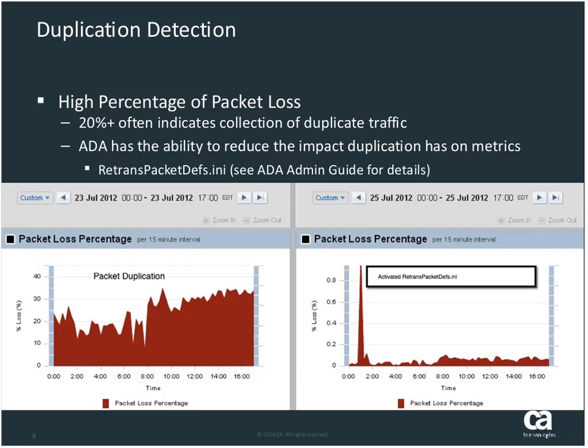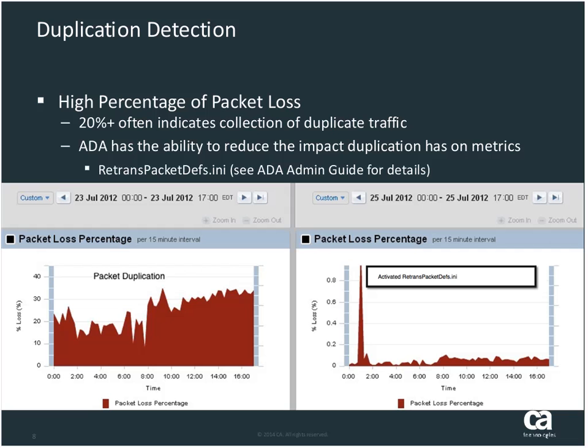And here's an example where I did a side-by-side comparison. Customer showed me this after I helped them go through and activate that INI file. On the left, we see what they were seeing for packet loss percentage before we worked on it. On the right, when we activated that INI file, you see the reduction to where now you're seeing less than 1% loss. Right? So it cleaned up that duplication a whole lot.